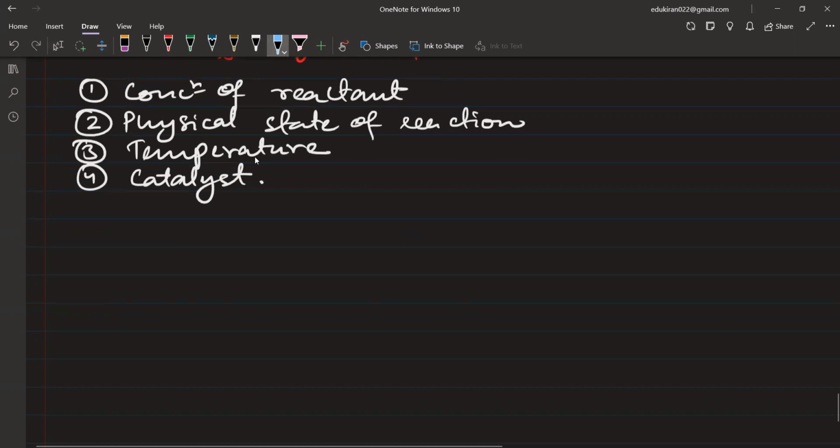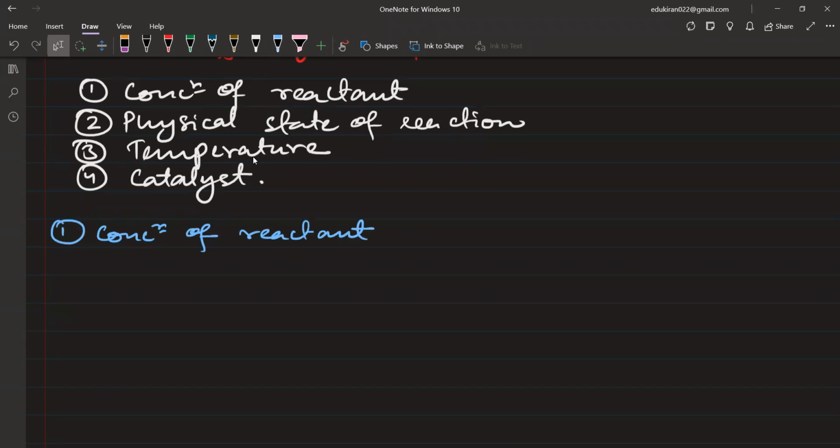Right, number one, concentration of reactant. We have seen from the rate law expression that the rate of reaction is going to increase on increasing the concentration of reactant molecule.